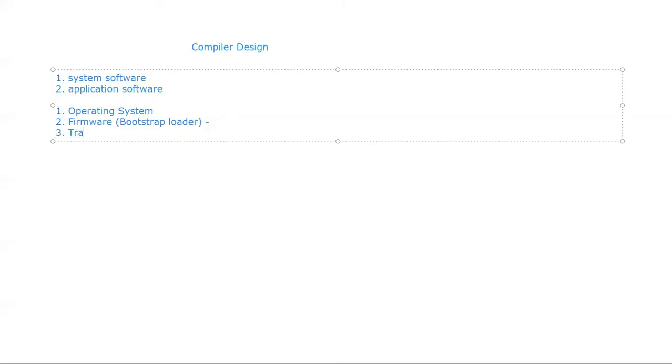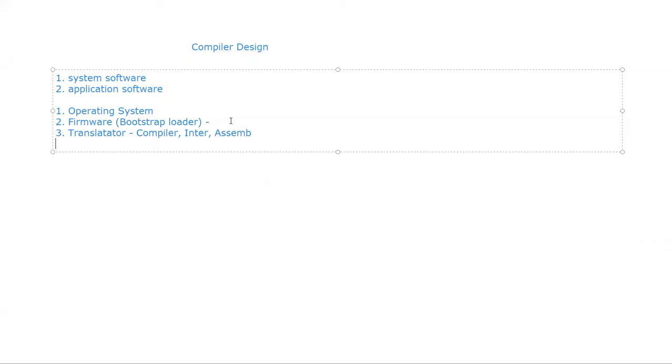Now the next system software is translators. Basically there are three types of translator that we generally have as a system software. One is a compiler, another is interpreter, and last is assembler, right? So first of all, what is the work of a translator?